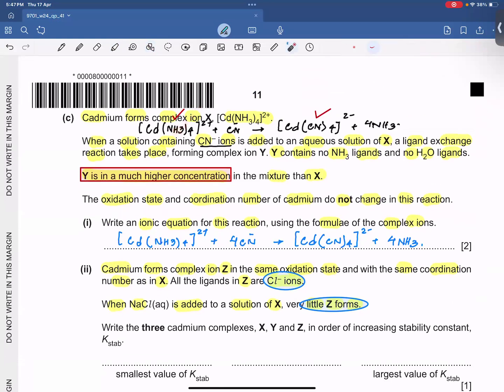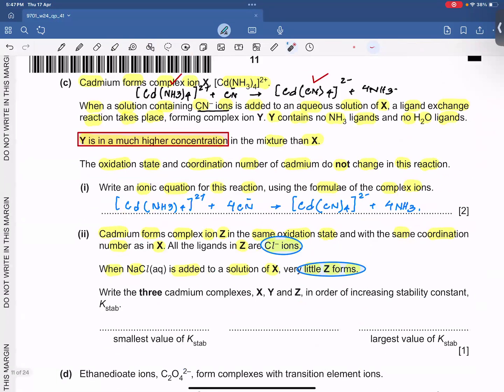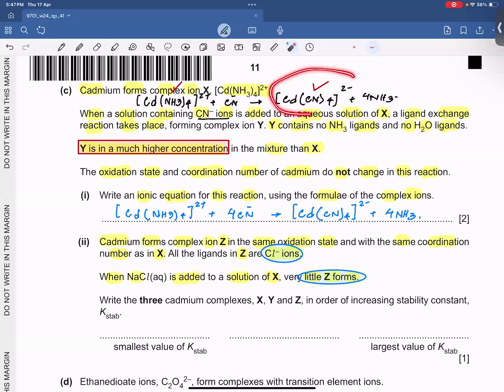That means this complex with chloride ions has a lower value of stability constant than this one. So the most stable complex with a higher stability constant value shows this sign, the lower one with this, and the lowest one is that.